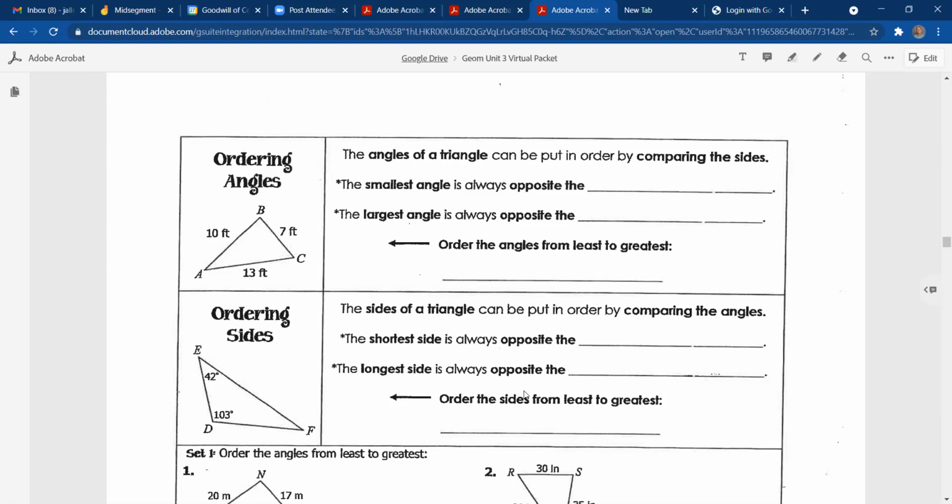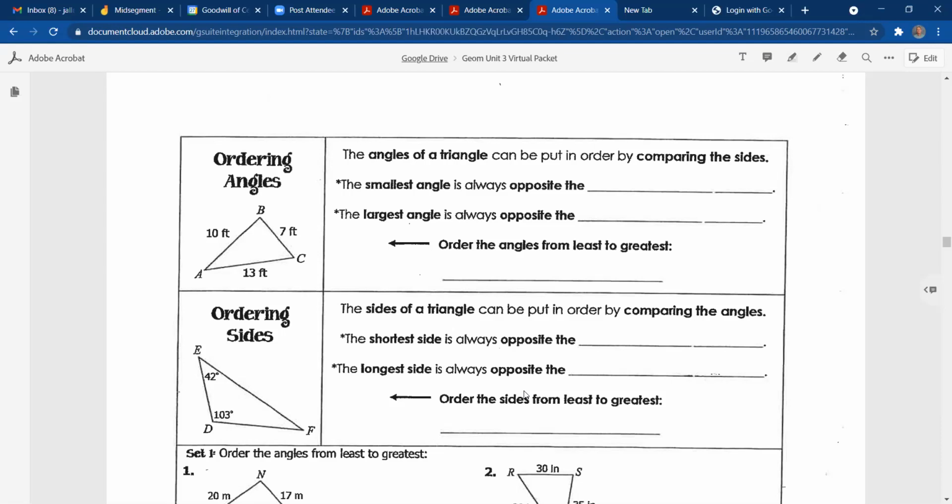The ordering of angles works in kind of the same way. You're looking at sides and the angle that is opposite of them. So the largest angle of any triangle is always going to be opposite the longest side. And the smallest works the same way. The smallest angle is going to be opposite the smallest side.